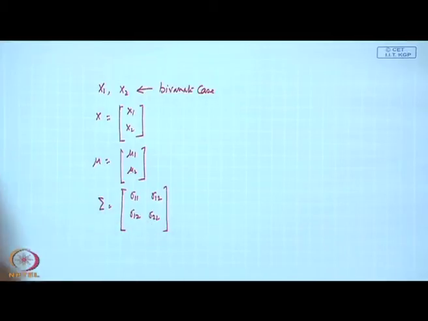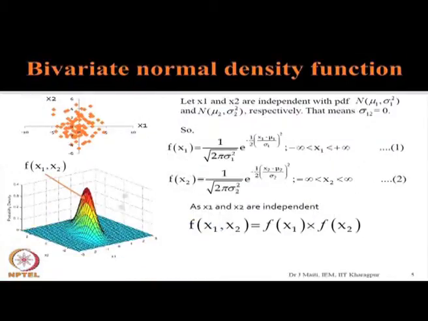So, we assume something here, you see the slide here. In the slide you see the top figure, that here is a scatter plot. Now, what can you say about the two variables x1 and x2, seeing the scatter plot, are they correlated or is there no correlation?